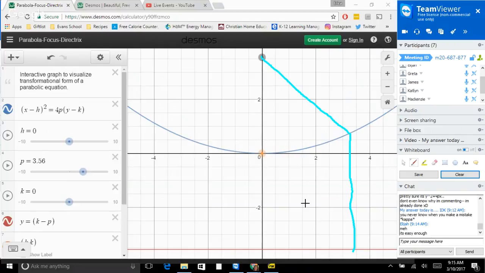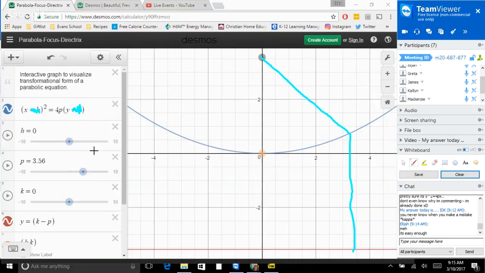Okay, now in our chapter, this is actually skipping ahead a few sections, but really what we talk about is when our formula is just x squared equals 4py. Okay, so what in the world does that mean?